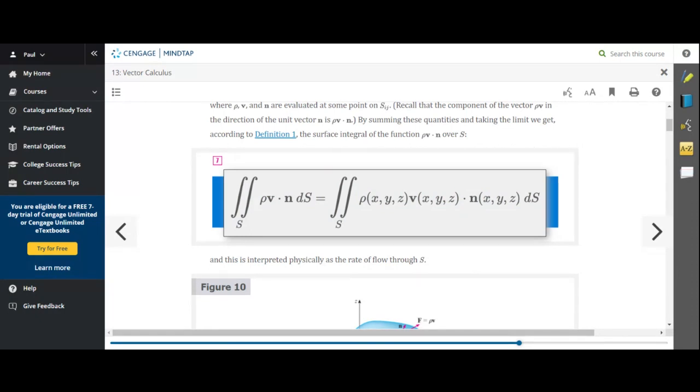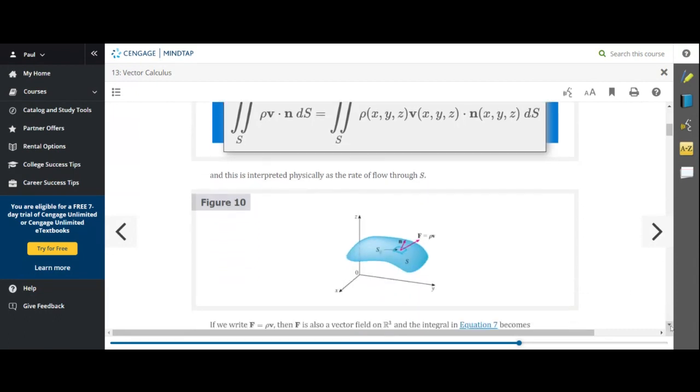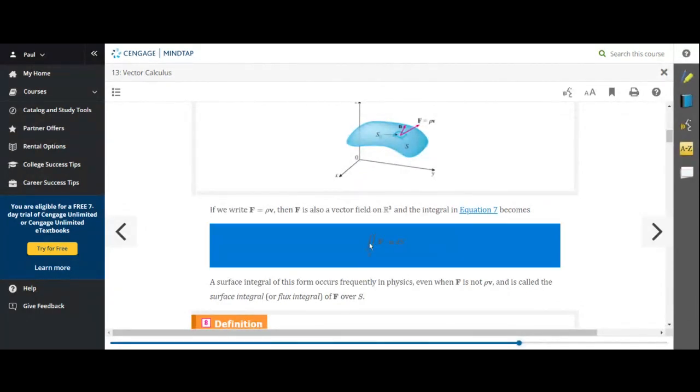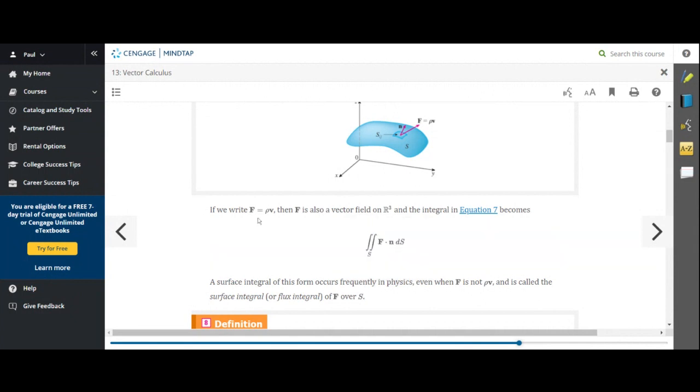Okay, all right. So now that we have this, in short notation, if you think about the vector field F as a density times a velocity field, then you can express this surface integral this way.